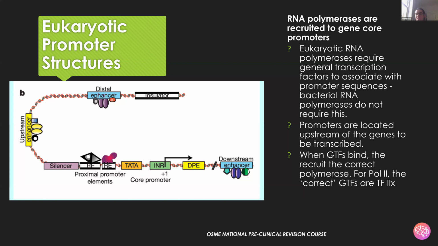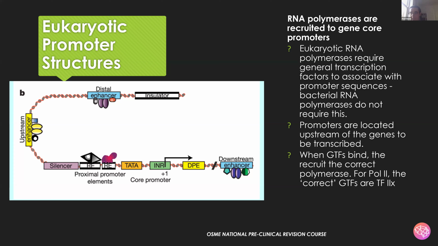Transcription begins with assembly of the pre-initiation complex. From what I know, this is actually extension material, so I'm just going to go over it quickly, but you do have more detail in the notes. Essentially, you have binding of the TATA box binding protein and its associated factors, which are known collectively as transcription factor 2D.